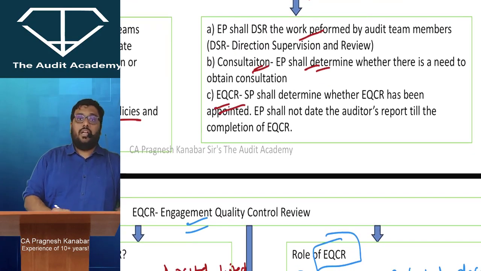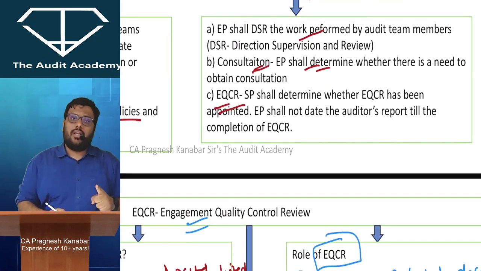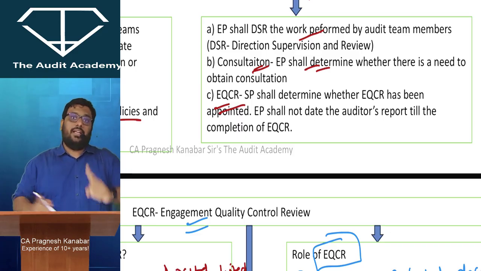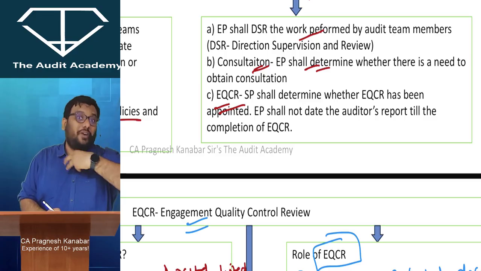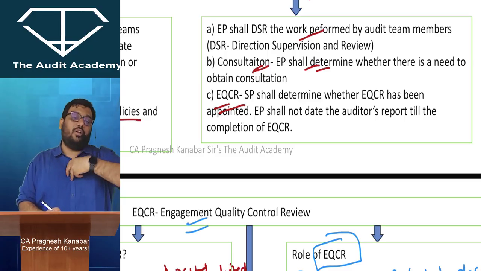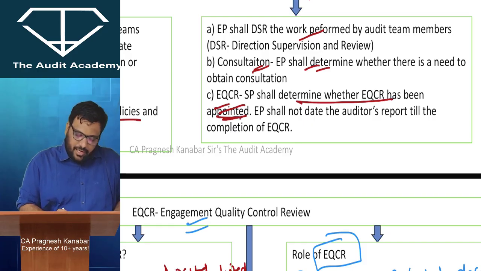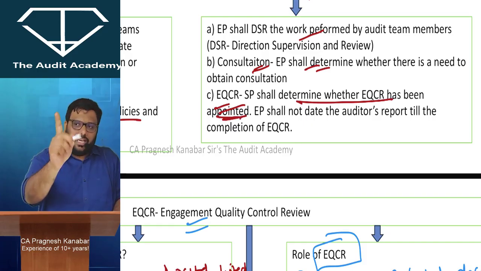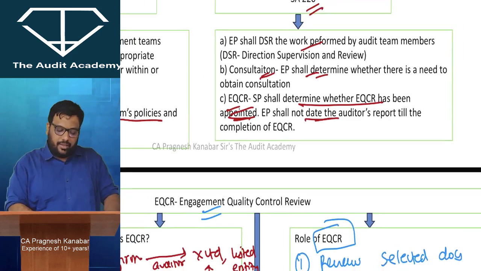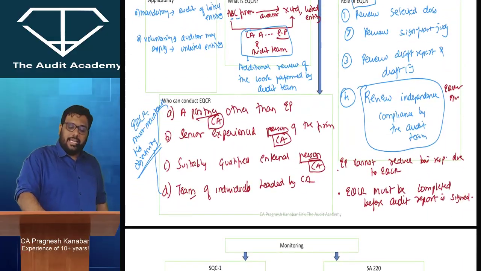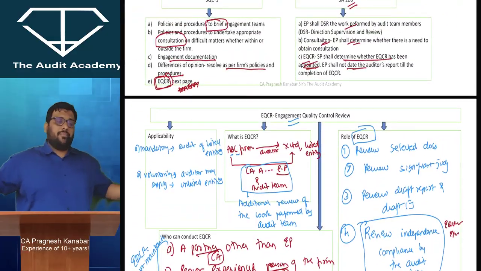And it is your responsibility to ensure that the engagement quality control reviewer is timely appointed. If I forget to appoint the engagement quality control reviewer, you will remind me. Determine whether EQCR has been appointed, and until EQCR is completed, you cannot date the auditor's report. I hope I have made myself very, very clear.